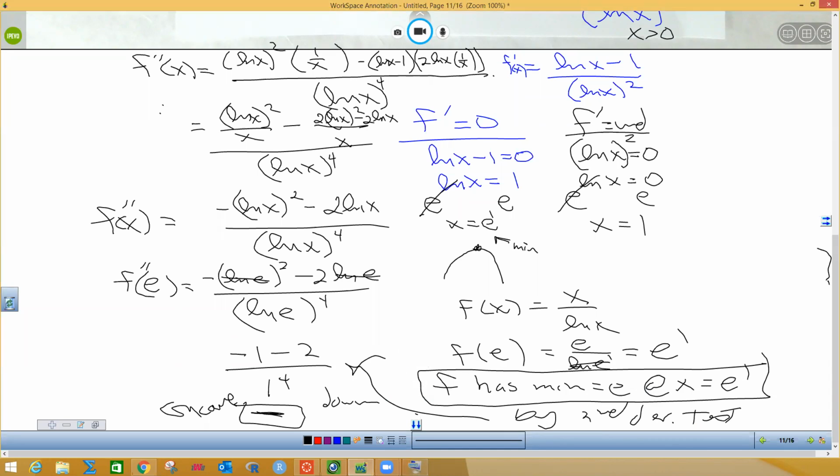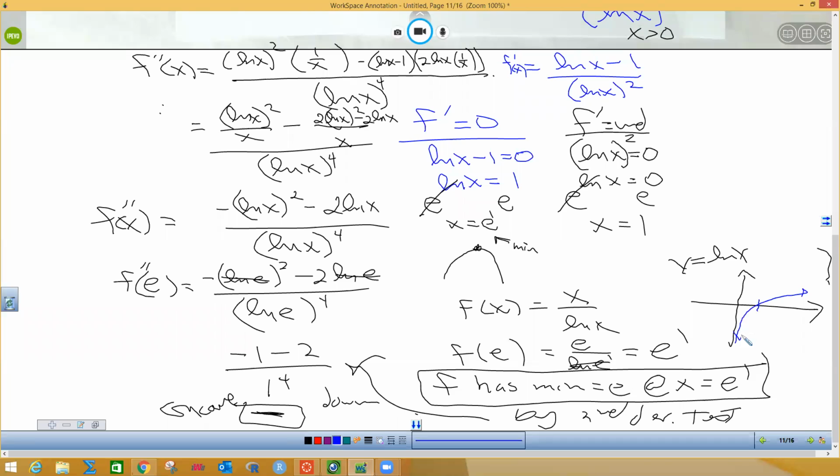All right, so I got asked, will they tell us what the domain is, or are we just supposed to know that? Well, for natural log of x, you're supposed to know. For y equals natural log of x, you're supposed to know that the y-axis is an asymptote and that the graph of a natural log follows up along that y-axis and usually goes through 1, 0 and takes off like that.